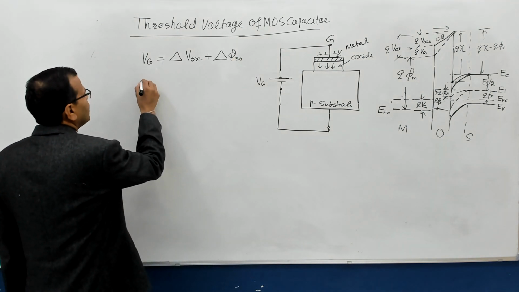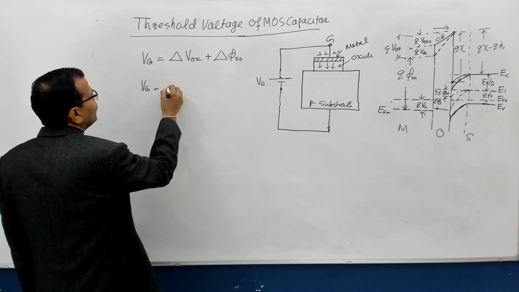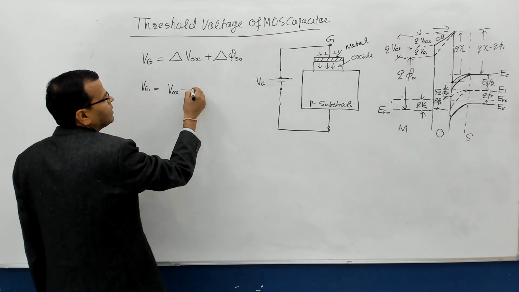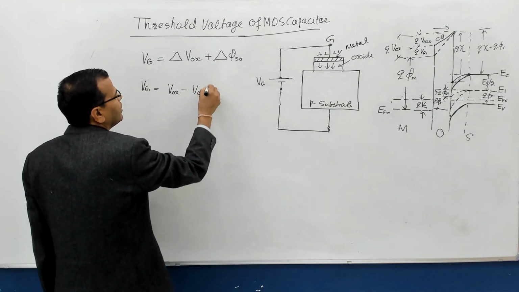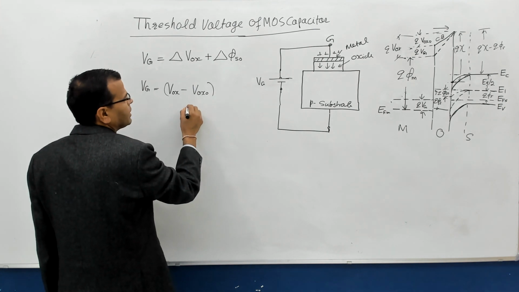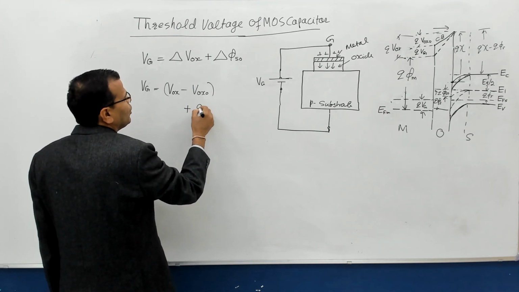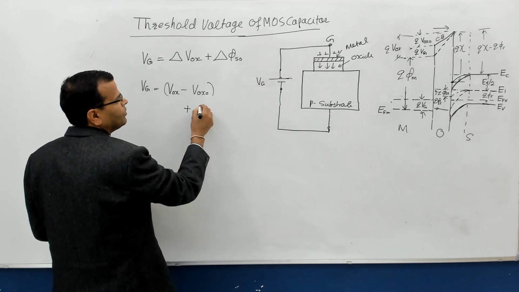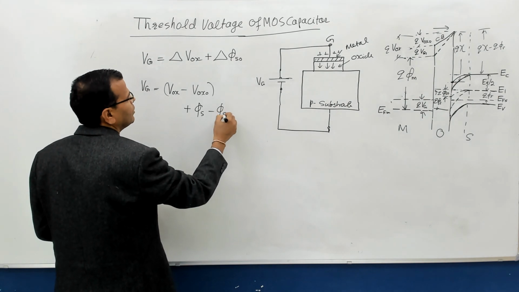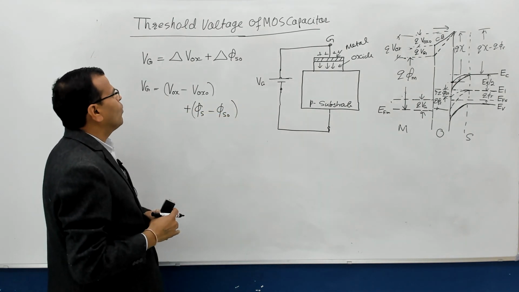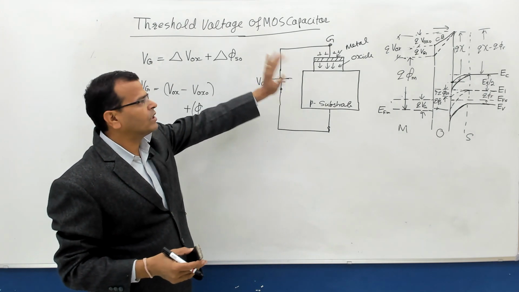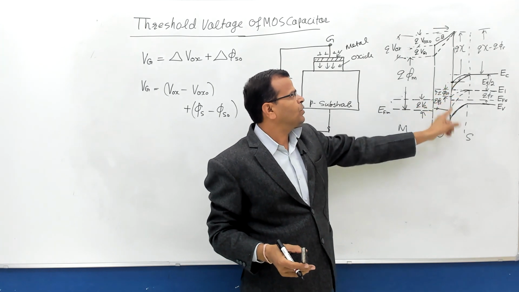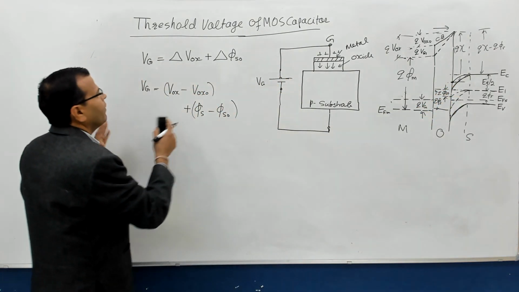So this gives the gate voltage applied equal to V naught X, the final voltage, minus V naught X naught, the initial voltage, plus, I am taking potential here, not energy, phi S minus phi S naught. That's what you have. The overall applied voltage results in a change in the voltage across the oxide layer and a change in the surface potential, right?